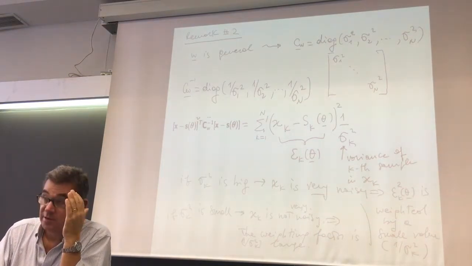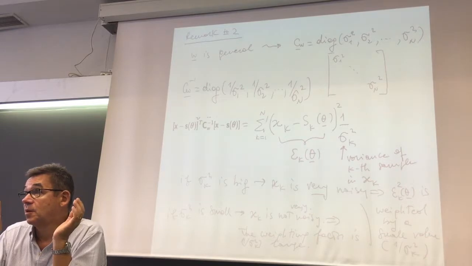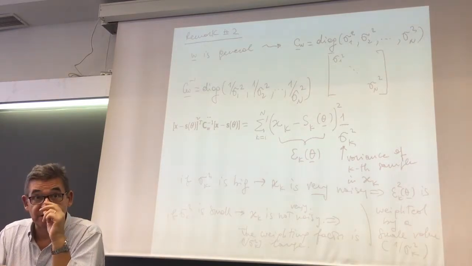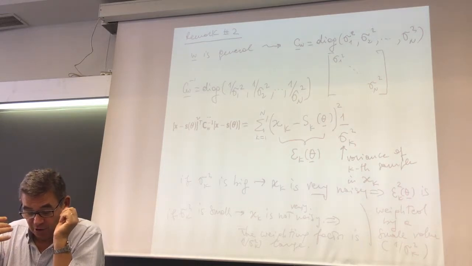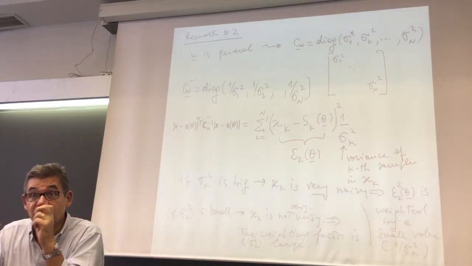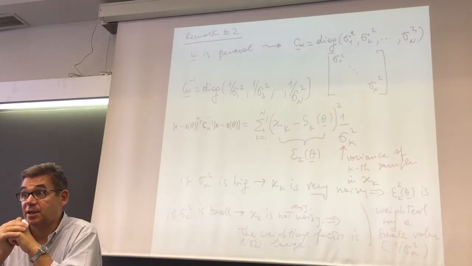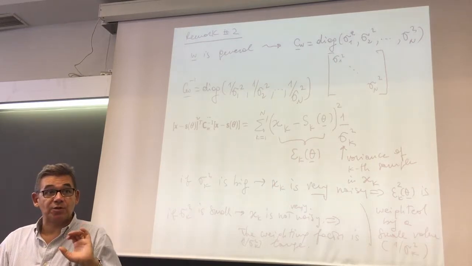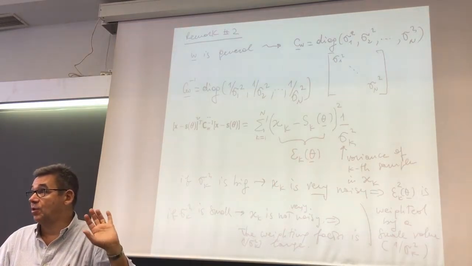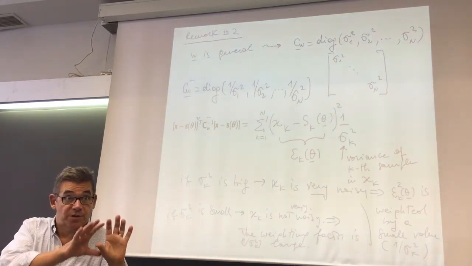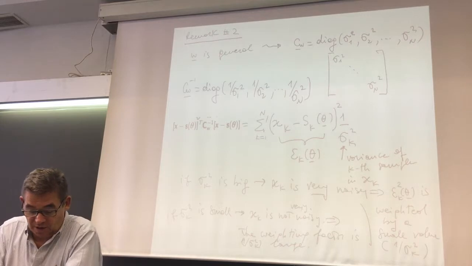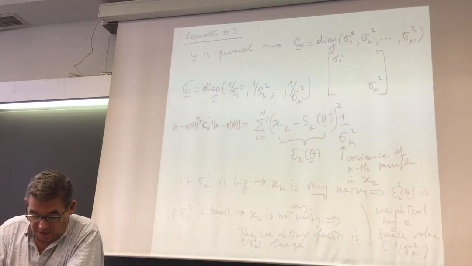Now, is it clear? So overall, before moving forward, we have seen the meaning of the inverse of the covariance there: it takes into account the different confidence levels of different data samples in calculating the estimated theta by this metric.